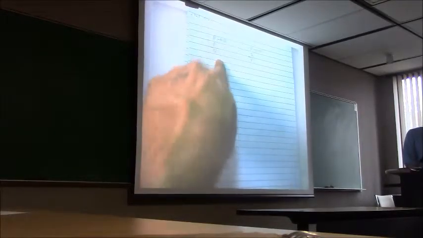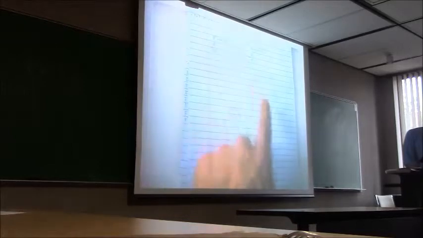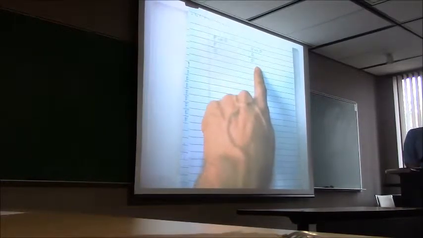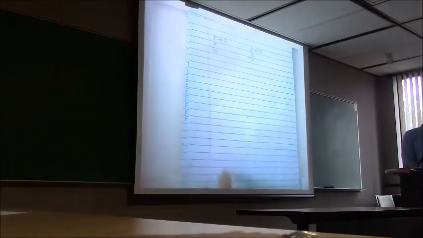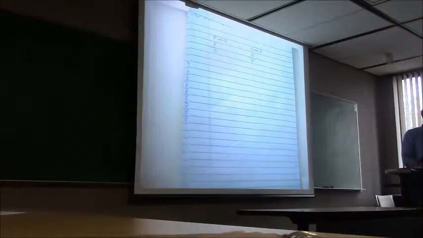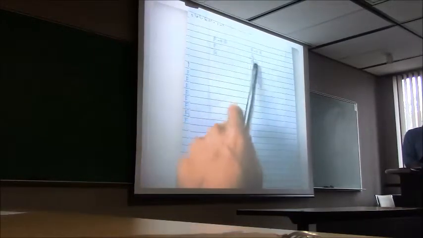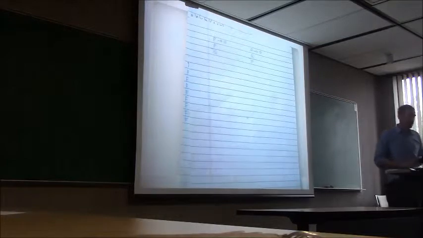Affirming the antecedent, also known as modus ponens. What's this one called? Affirming the consequent. One of them is valid, the other one is not. Which one is valid? The first one, affirming the antecedent. This one is not.